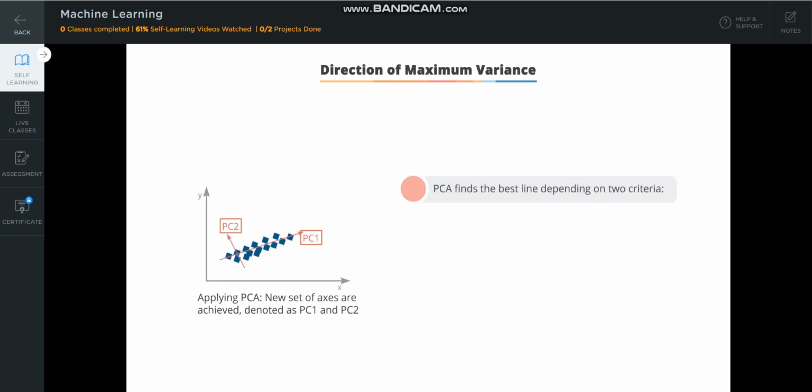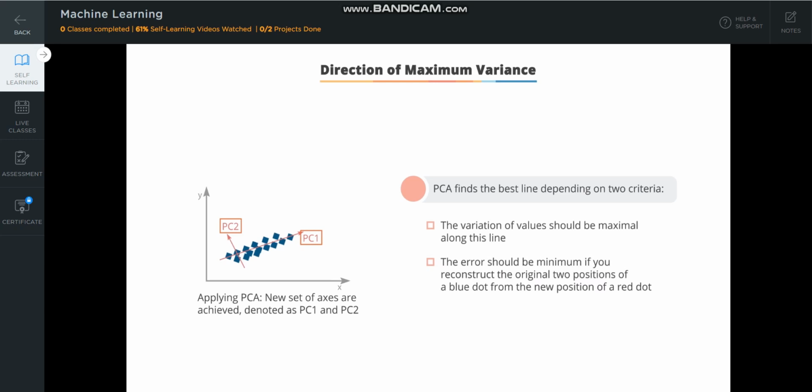PCA finds the best line depending on two different criteria. One, first, the variation of values should be maximal along this line. Notice the spread of the red dots change while the line rotates. Second, if we reconstruct the original two characteristic positions of a blue dot from the new position of a red dot, the reconstruction error should be minimum.